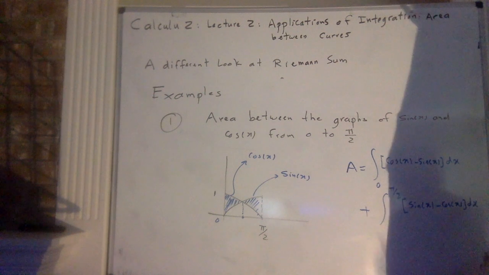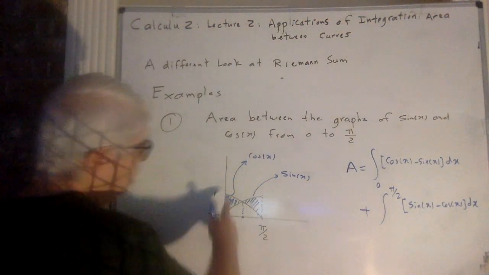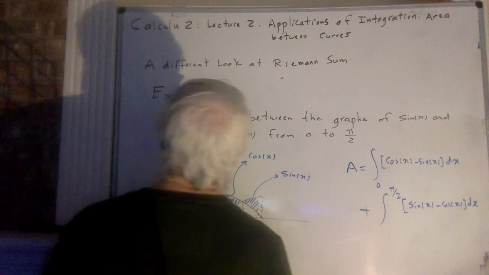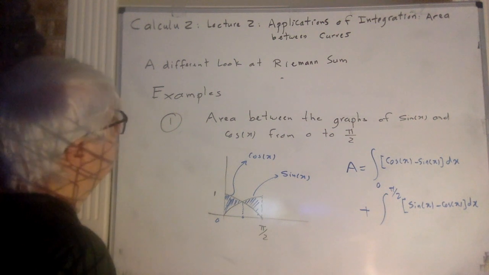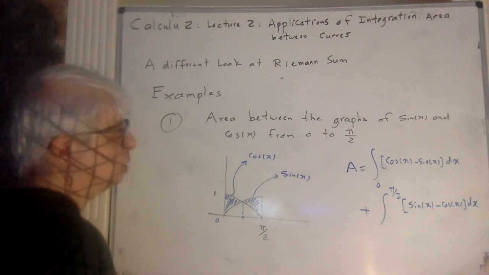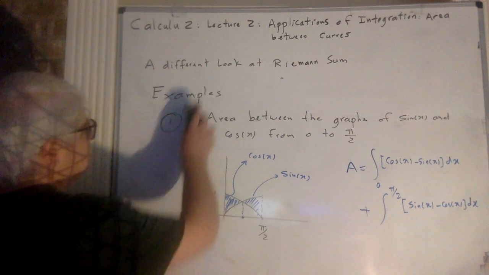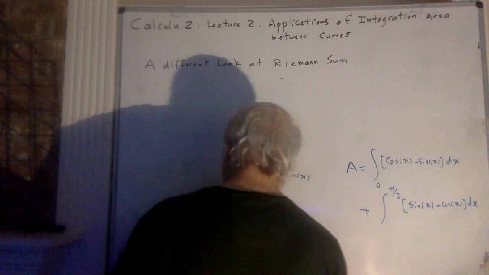Okay, let's find this unknown. That's the point of intersection of sine and cosine. This happens a lot in problems like this: you have to find the point of intersection of graphs. So how do you find the point of intersection? Let me erase this and find it.